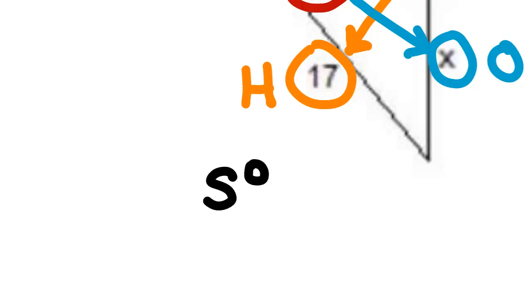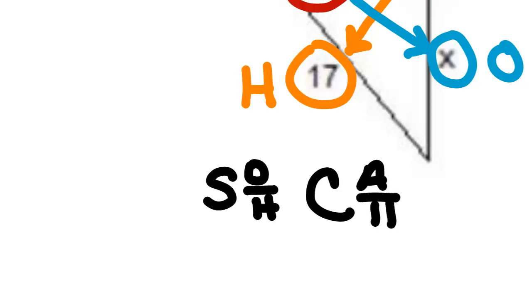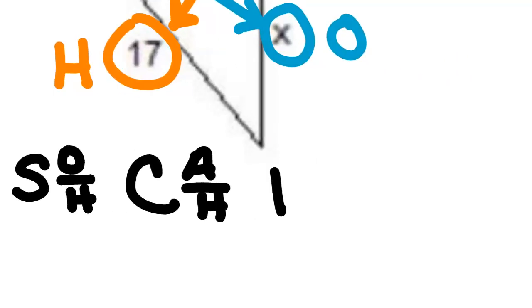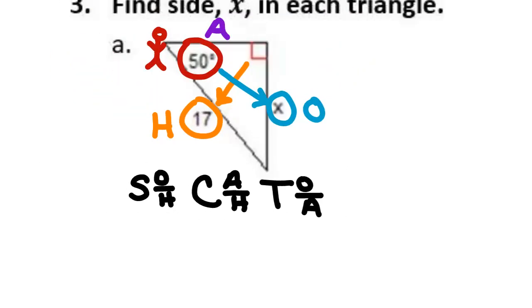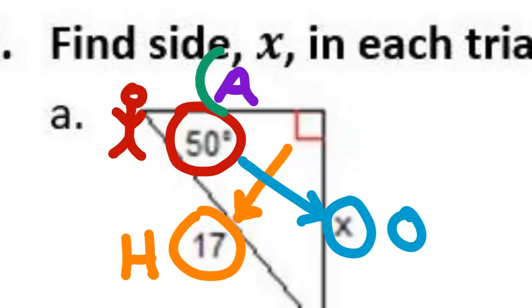Now we have to decide which trig function we're going to use. So I'm going to write down SOHCAHTOA. And up at the top, that adjacent side up here, this was the side that we didn't have any variables or any numbers.